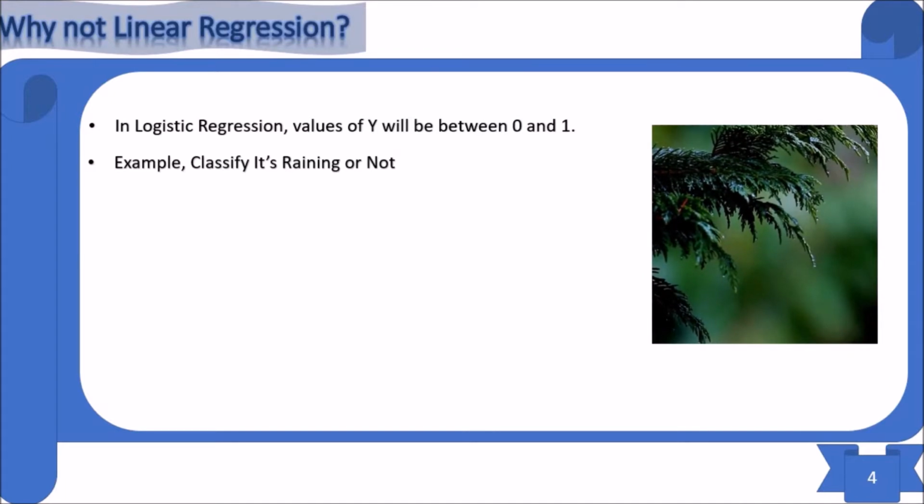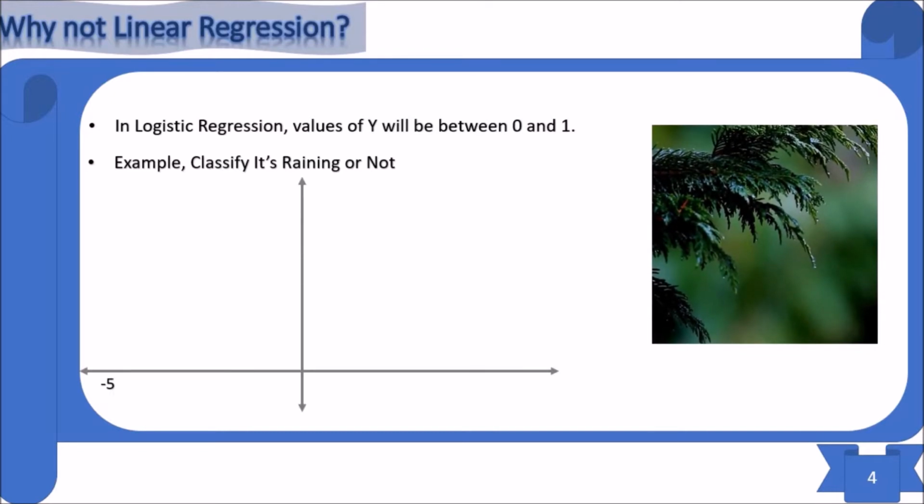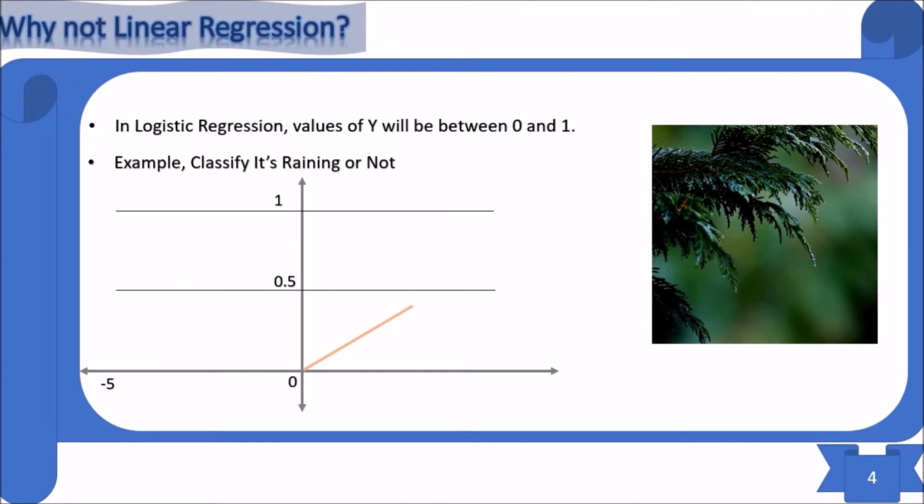So let's consider an example. We are considering a simple example of rain, where you have to classify whether it's raining or not. In this case, if we use simple linear regression, we specify some threshold value on which the classification is done. Let's say the actual class is it's raining today and the predicted continuous value is 0.45, which is below 0.5.